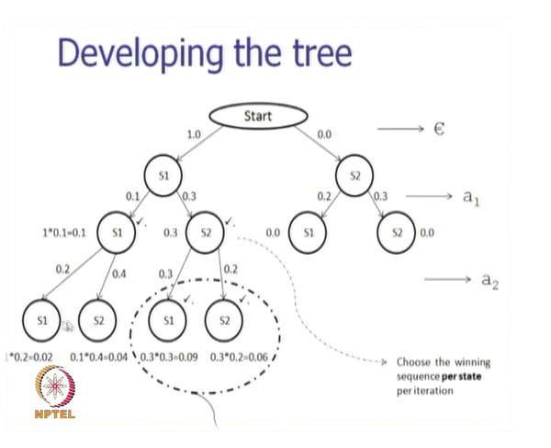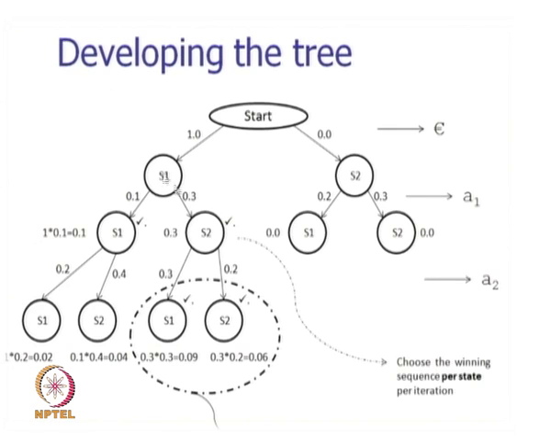Now, when we have got these 4 children ending in S1, S2, S1, S2, we compare those sequences which end in the same state. Sequences ending in S1 are S1, S1, S1 and S1, S2, S1.